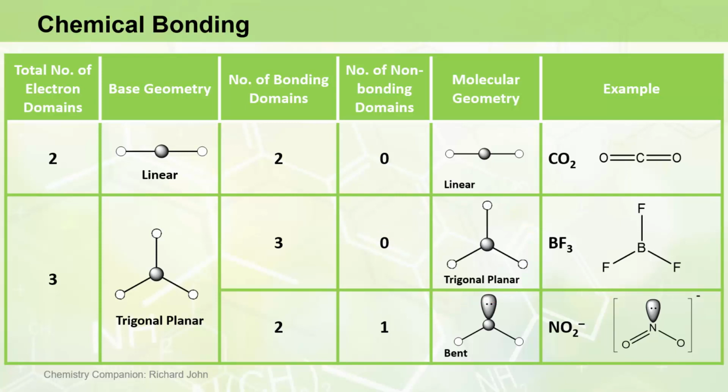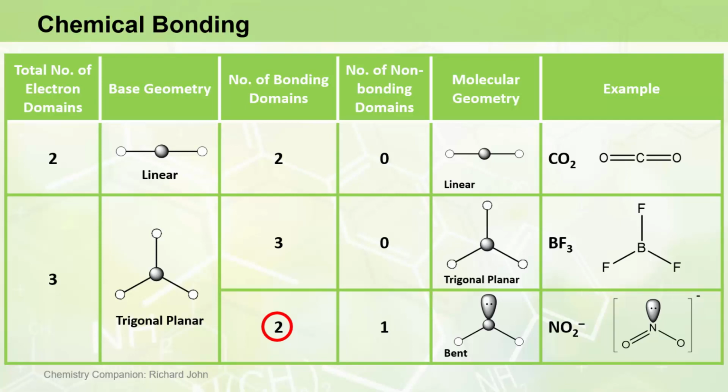An example of a structure with 2 bonding domains and 1 non-bonding domain is the nitrite ion, NO2-. The Lewis structure for the nitrite ion contains a double bond and a single bond between the central nitrogen atom and the peripheral oxygen atoms. Even though this represents 3 pairs of bonding electrons, it only represents 2 separate bonding domains, since the double bond only counts as a single domain.